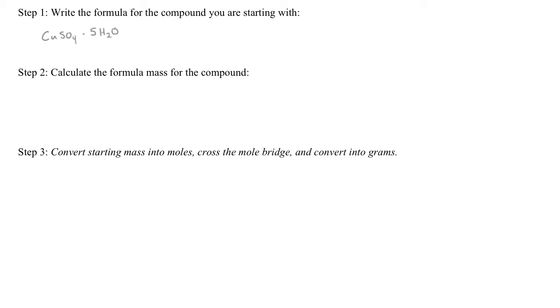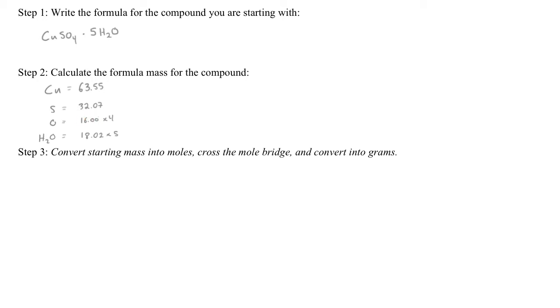Now what we need to do in step 2 is calculate the formula mass for this compound. So let's add up all of the atoms in this, including the copper, the sulfate, and the 5 water molecules. Going over to the periodic table, we find copper has an atomic weight of 63.55, sulfur is 32.07, and each oxygen is 16.